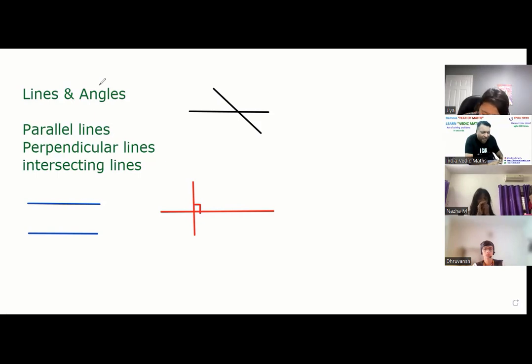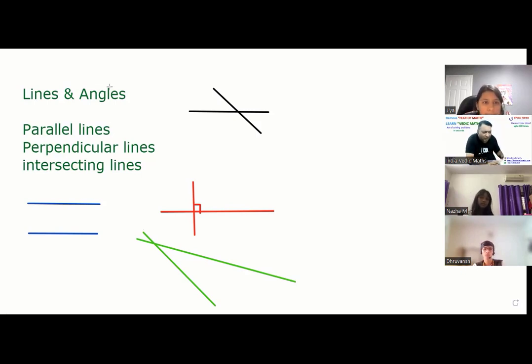In fact, if I put this kind of line, the green line, tell me what you will call it. These are all lines or not? What will you call it? Parallel line, perpendicular line, intersecting line? Intersecting line.